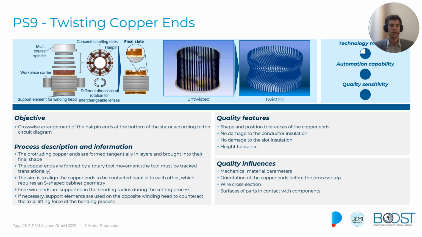And this is process step number 9, twisting the copper ends. Twisting is done by rotating the ends of the hairpin to interlock them securely. To be able to grip the ends, we did the widening step before.